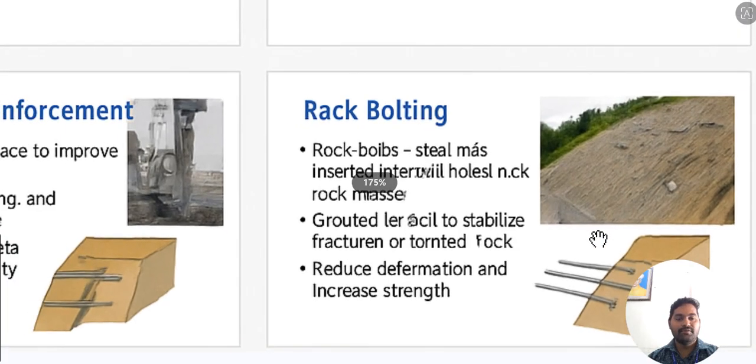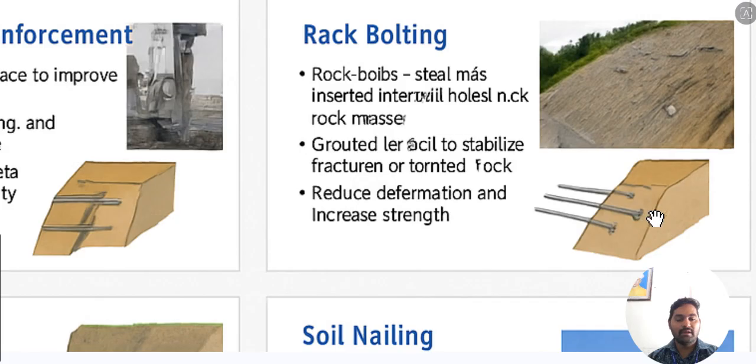If you see this figure, here bolting is going to be done. That means we introduce a drill hole inside the rock, penetrating to a certain depth, and then we apply a bonding or sealing material and introduce the reinforcement, so that the sealing material creates the bond between the reinforcement and the rock.